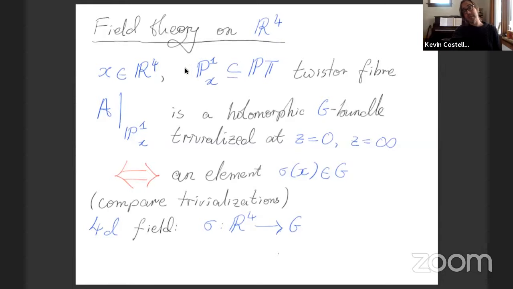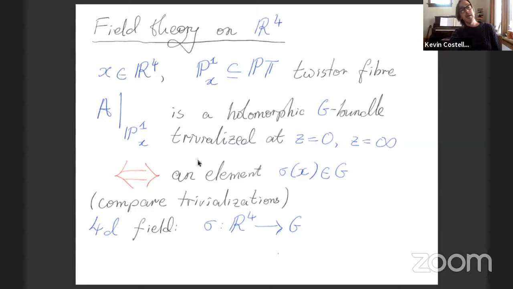And in 6 dimensions on twistor space, my field is a holomorphic G bundle. That's the equations of motion of holomorphic Chern-Simons theory. Well, even without imposing the equations of motion, if I take my 0,1 form and restrict it to this P1, it defines a holomorphic G bundle. But because I ask my gauge transformations to be the identity at 0 and infinity, it's a holomorphic G bundle trivialized at 0 and infinity.